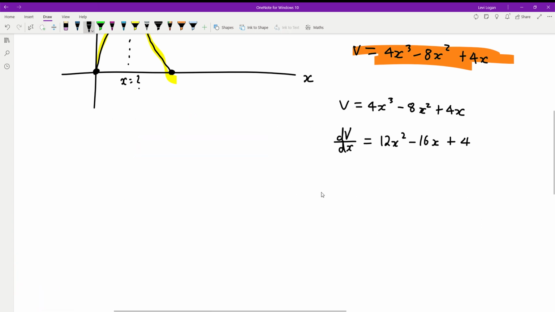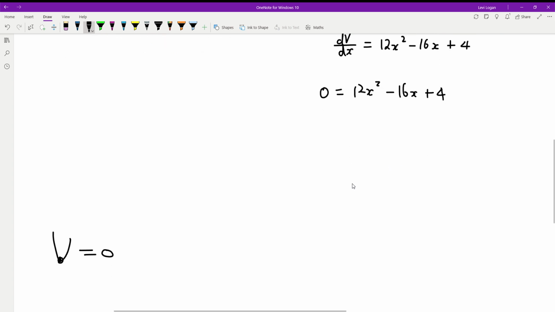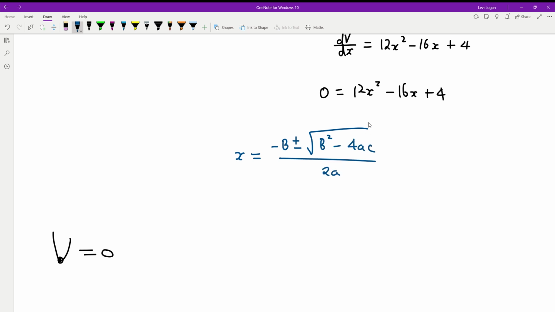So, saying this equal to 0, so you get 0 equals 12x squared minus 16x plus 4. As we can see, it's a quadratic. So if we want, we can use the quadratic formula. So we can go, alright, x equals negative b plus or minus the square root of b squared minus 4 times a times c all over 2a. Now a, b, and c are the coefficients of these corresponding here.